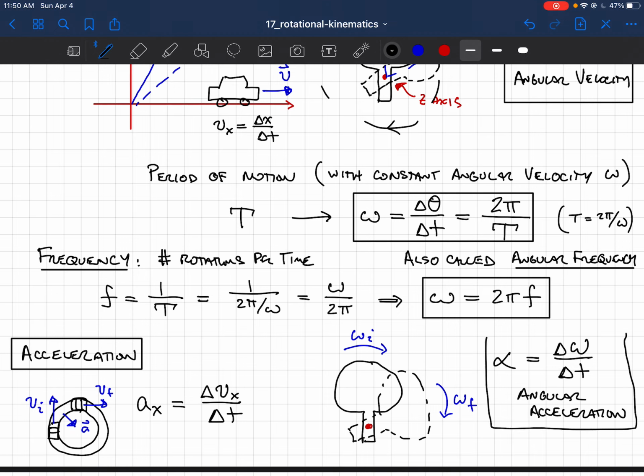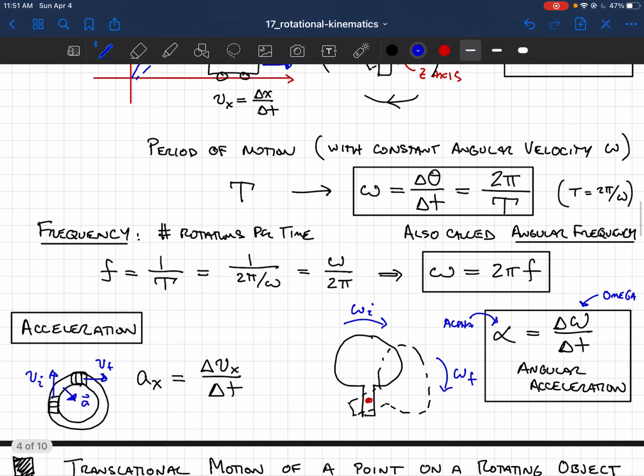So you see it's almost exactly the same equation, it's just with our new quantities. We have some new variable names. So this thing is the Greek letter alpha. This one is the Greek letter omega. And that's our angular acceleration. So in a moment we'll talk about the constant velocity and constant acceleration kinematics, and we'll be able to write down equations with theta, omega, and alpha, just like we did for x, vx, and ax.